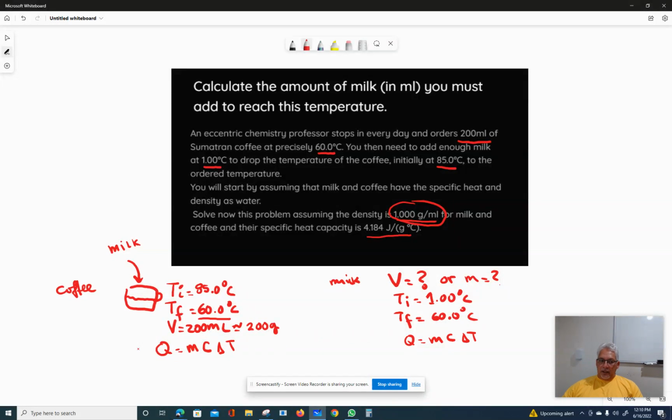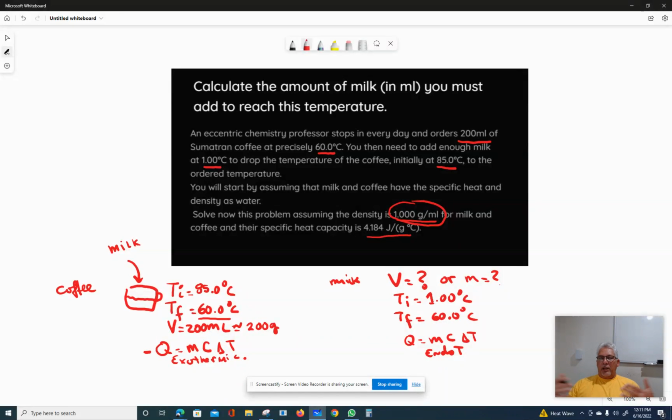But the coffee will release the heat to the milk, so the heat will be negative. That will be exothermic because it's going from higher temperature to lower temperature. So the process is exothermic. Heat is going from coffee to the milk. And the process for the milk will be endothermic, and this one is exothermic.